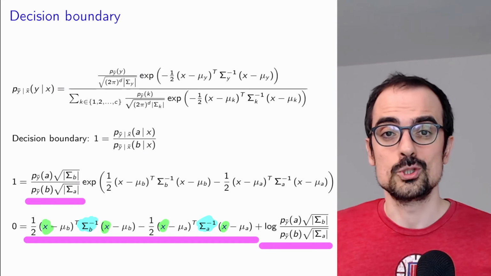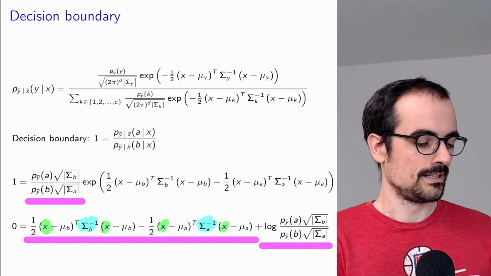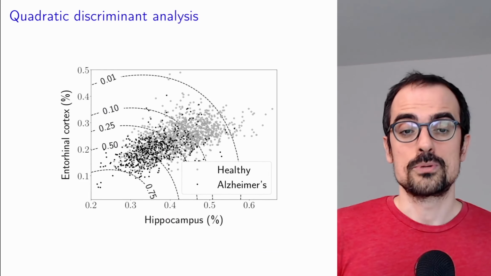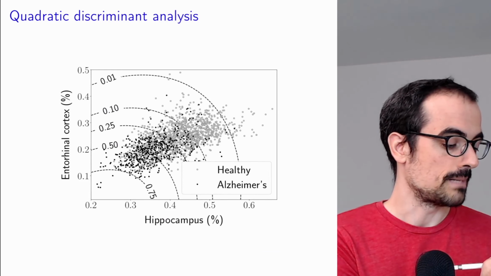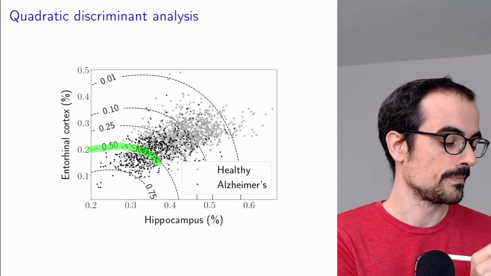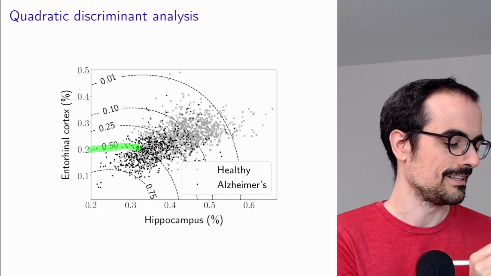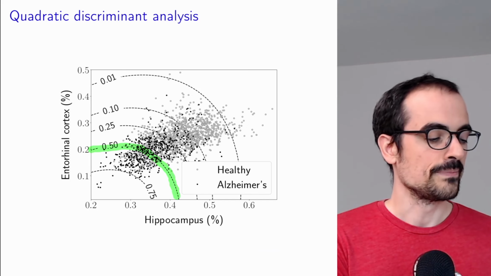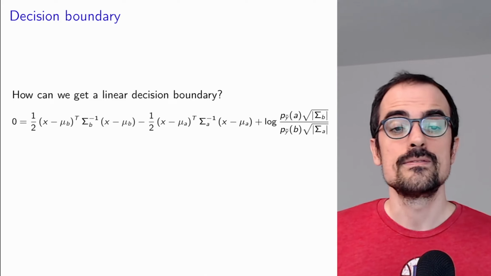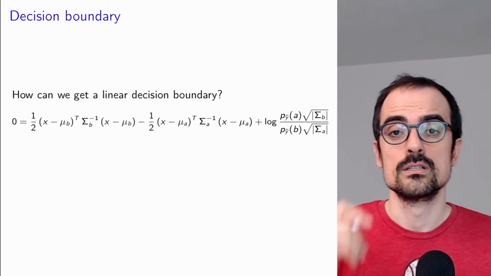So that's basically going to be a quadratic function. And that's why we observe quadratic boundaries such as this one. Wow, today I can draw a line. There we go. Okay. But what if you wanted a linear decision boundary?